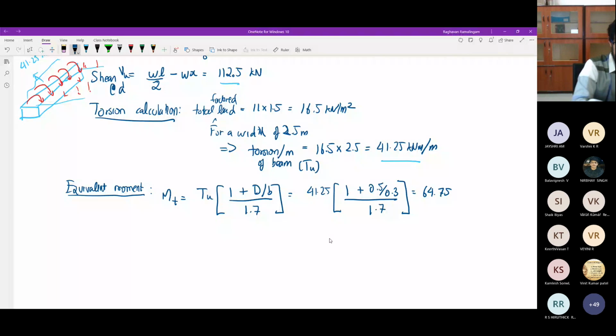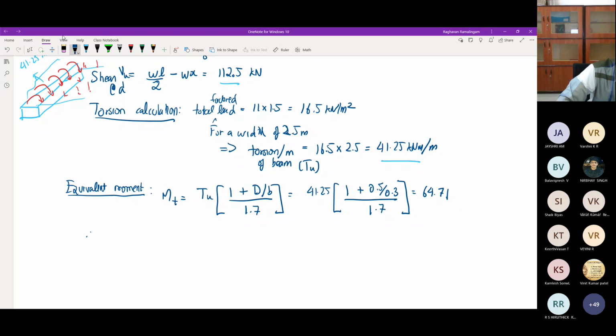Others also get 64.75. 64.705. I'll make it as 71.